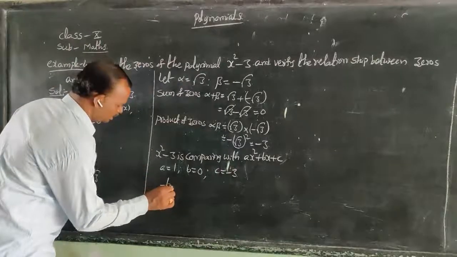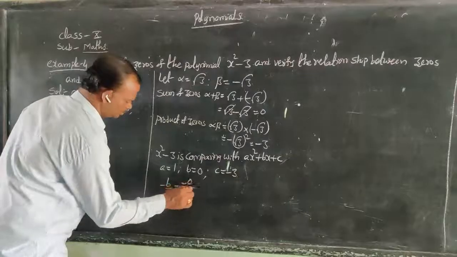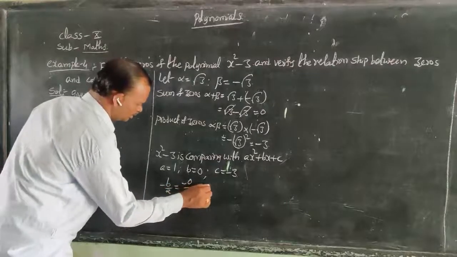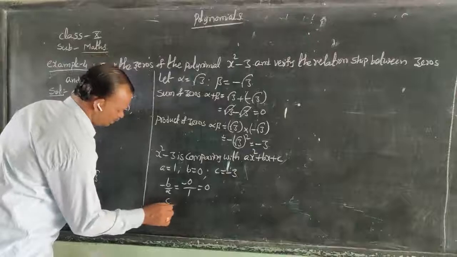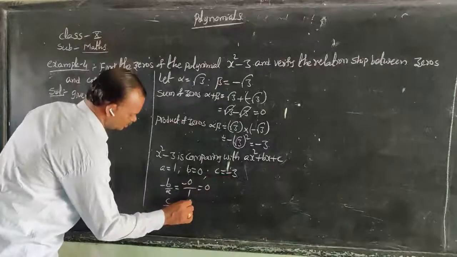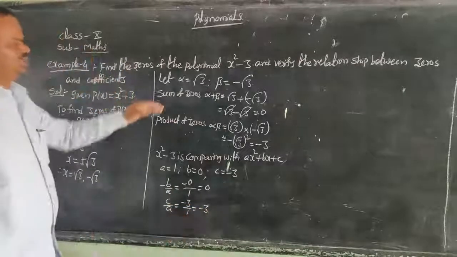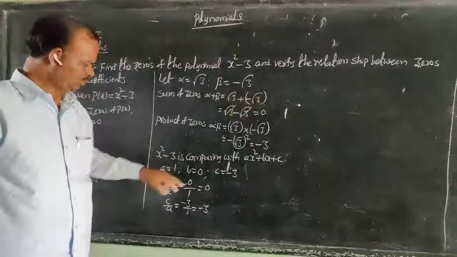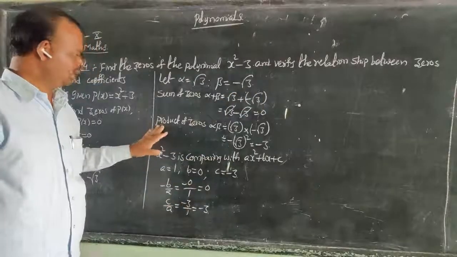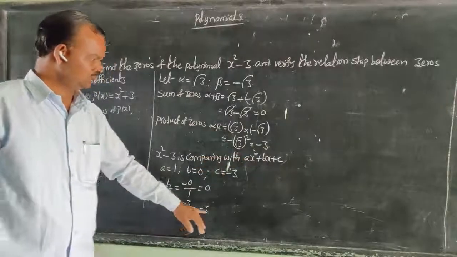Therefore minus b by a is equal to minus 0 by 1. 0 by anything is 0. And c by a is equal to minus 3 by 1, that is equal to minus 3. Here the sum of zeros is equal to 0, so minus b by a is equal to 0. And the product of zeros, alpha into beta, is equal to minus 3, so c by a is equal to minus 3.